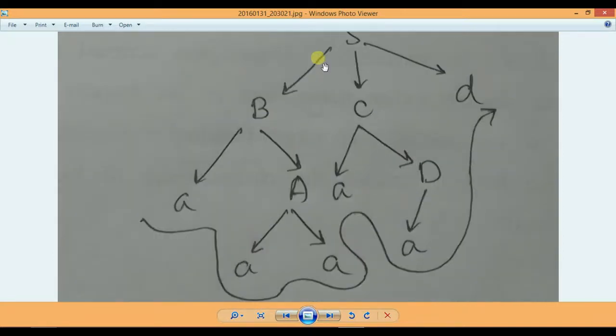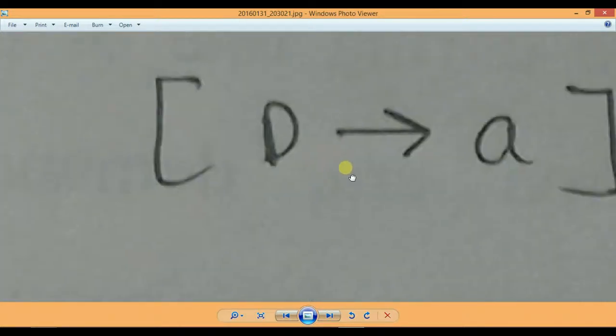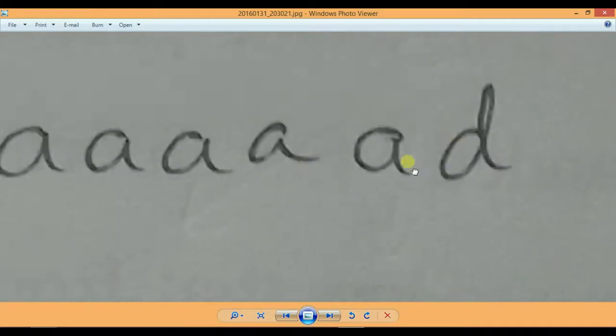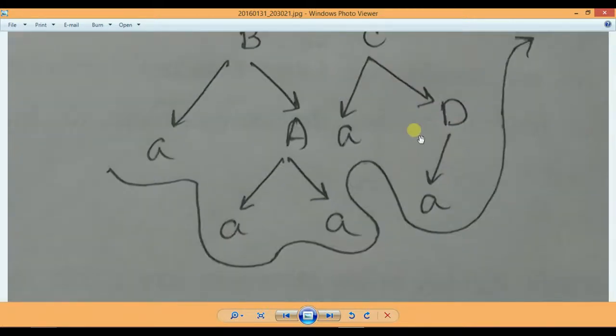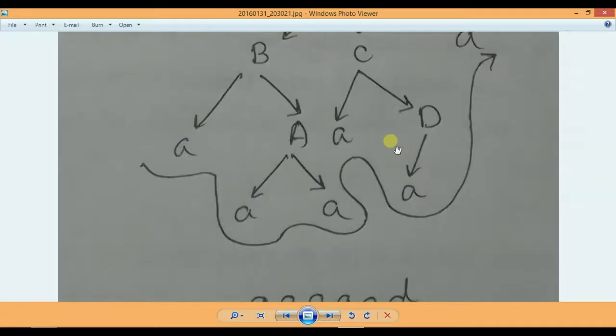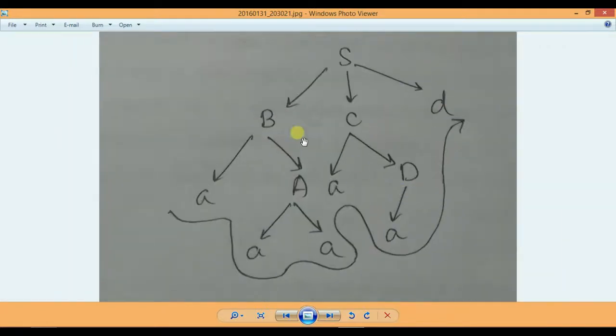Similarly, capital D's replacement string is small a, so it's the last step, and we replace it here. Capital D becomes small a. There's no way of making a mistake in this manner if we follow these steps. It's very difficult to make a mistake, and it's graphically written here, so it's easier to understand and follow.